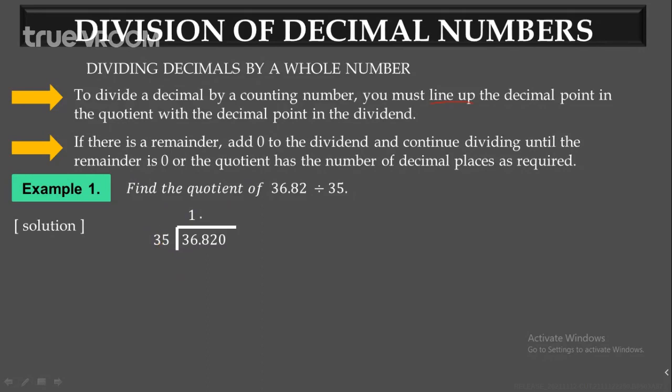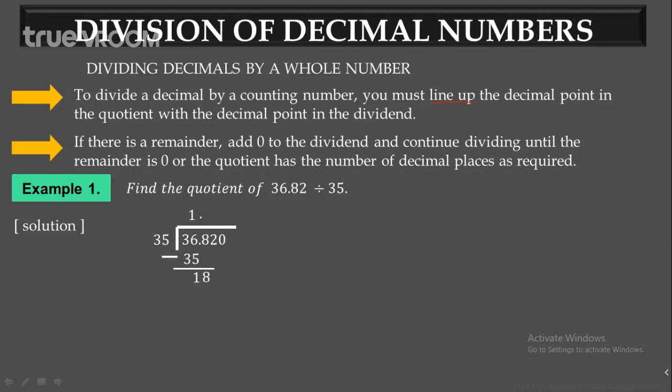So you write 35 below 36, and then you subtract. 36 minus 35 is equal to what? 1. All right. So we cannot divide 1 by 35. We need to bring down 8.